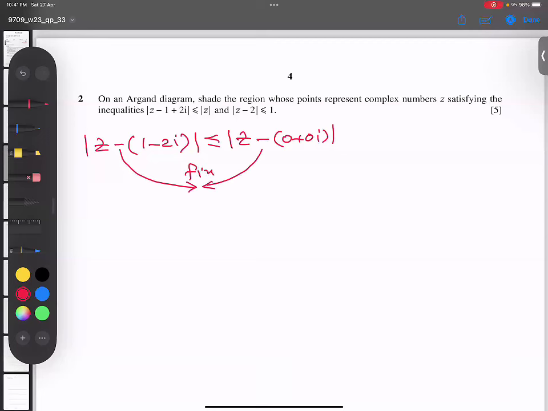Okay, and now, students, whenever modulus is involved on both sides, the diagram is a perpendicular bisector. If I make it, 1 minus 2i, so 1 to the right and 2 downwards.